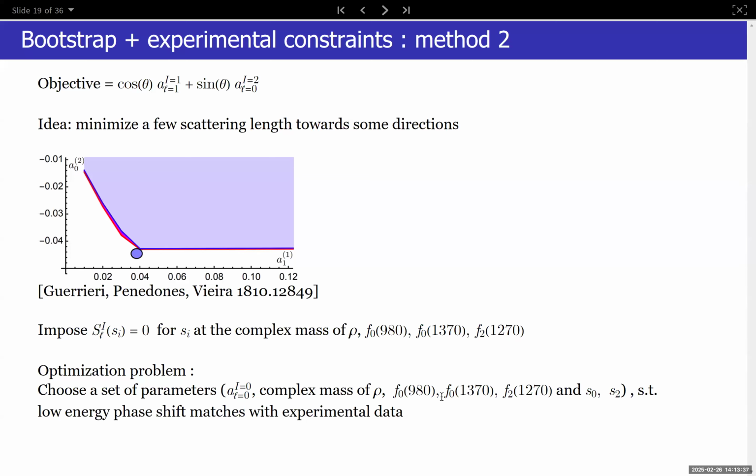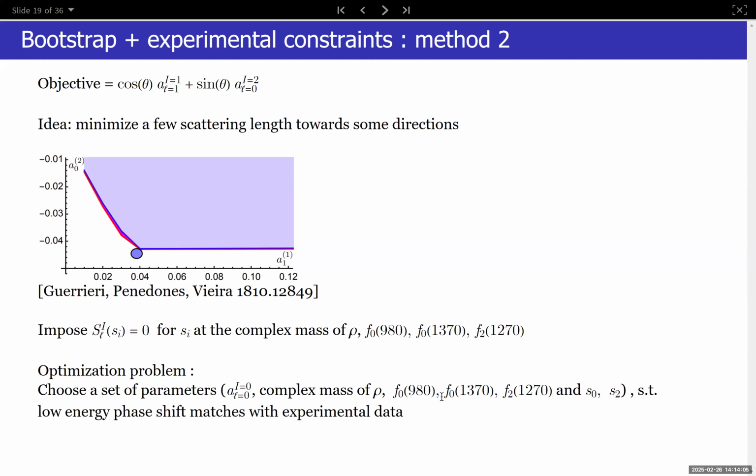You can check in which region those coefficients are allowed. That's the plot. It is only allowed in the shaded region, and the white part is excluded. And this is roughly the experimental result.